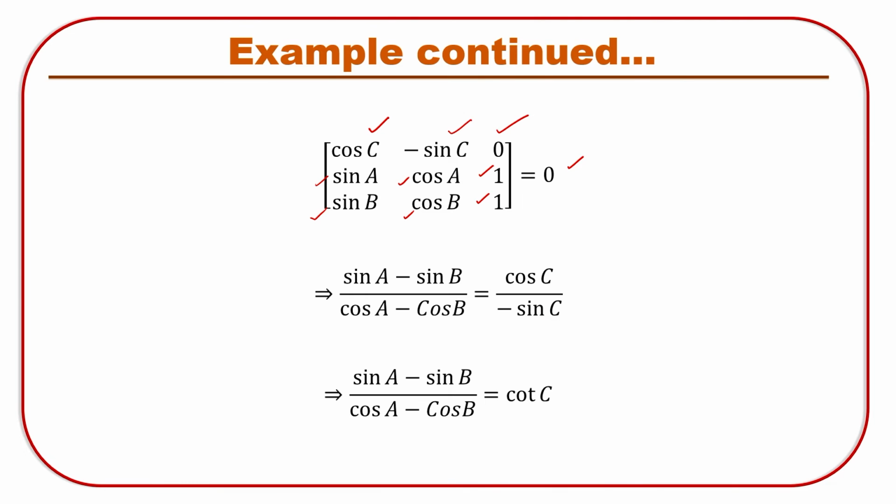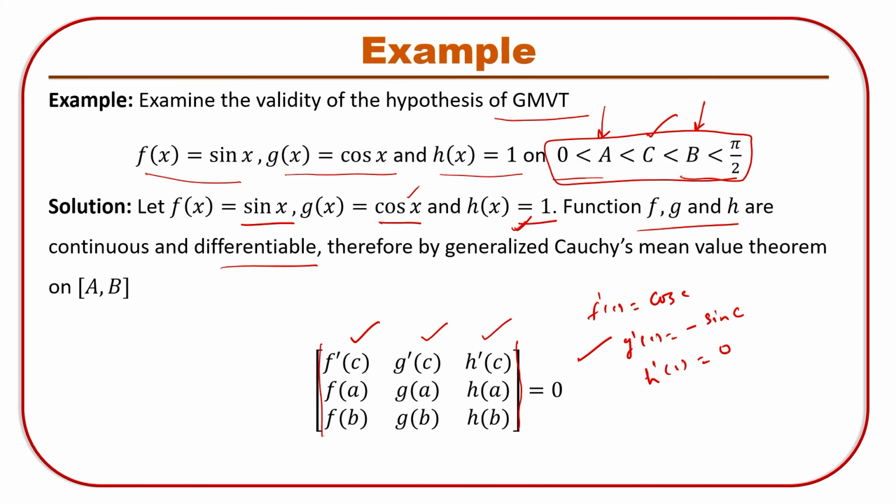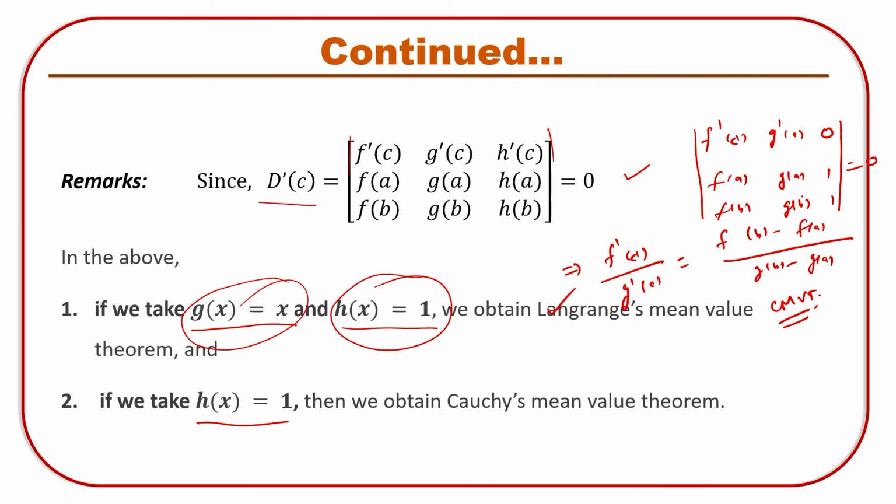So, simplify this 3 by 3 matrix determinant. How much will it come out to be? You see here, (sin a minus sin b) divided by (cos a minus cos b) is equal to cos c divided by minus sin c, right? Directly we had written it here. See, the difference between these two and the difference between these two, the ratio of these differences will give you this ratio.